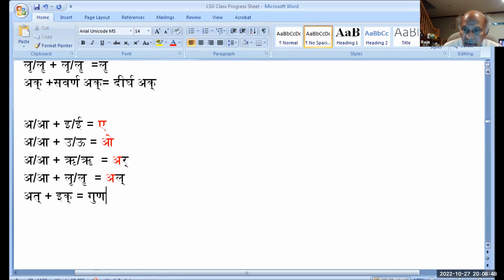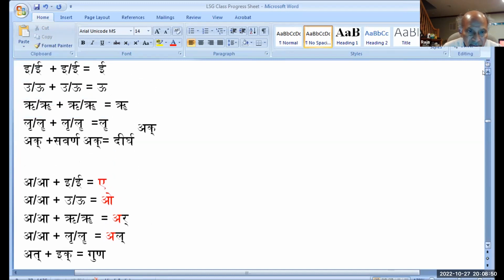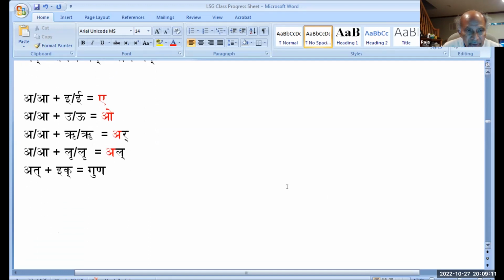Here you get dirgha, savarna, you got a dirgha here. When both of the letters, the base and the letter that's added to it, are of similar form, savarna, they are replaced by a long form. So we call that savarna dirgha sandhi. In this case, they are replaced by guna letters.